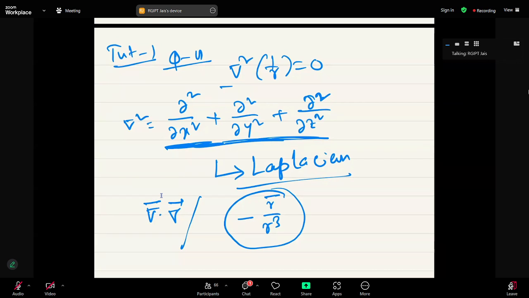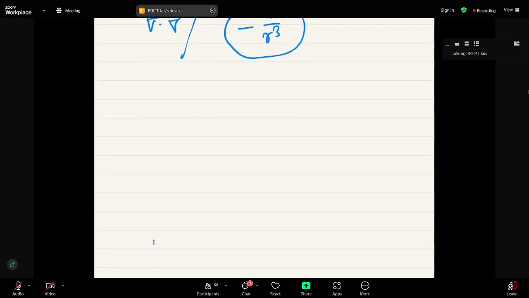This is grad square 1 by r. This is not gradient. This is probably a mistake. Let's do it quickly and see what value is coming.